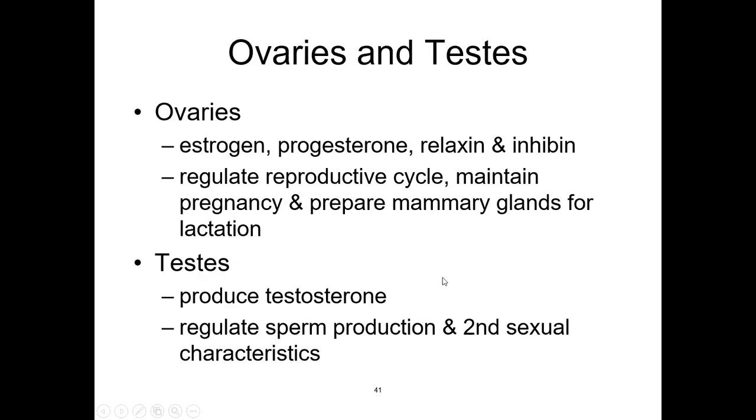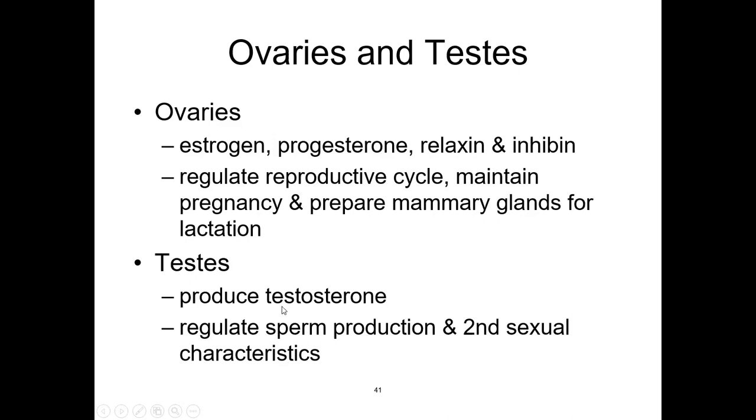A few words about other part-time endocrine glands, ovaries and testes. We'll detail these in the reproductive system to a lot greater degree. Ovaries: estrogen, progesterone, most typical hormones that we will mention even later on, regulating the female reproductive cycle, maintaining pregnancy, major roles for these, although estrogen has receptors in almost all cells in the body, so there is a lot more widespread action coming from estrogen.